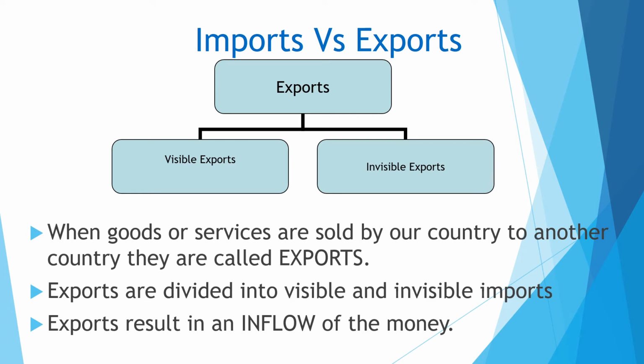Exports result in an inflow of money, meaning when we sell something to another country, the country pays us with money, and that money is used to supply the needs and wants of our country. So it makes sense to have more exports than imports, but we'll discuss that later on.